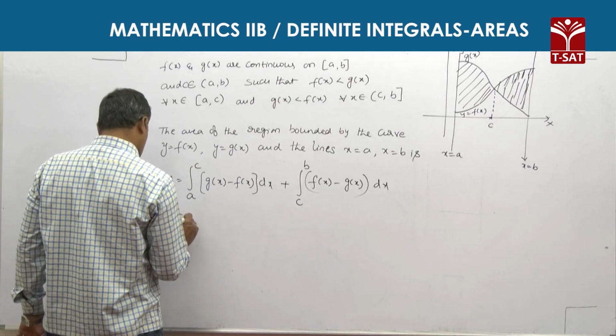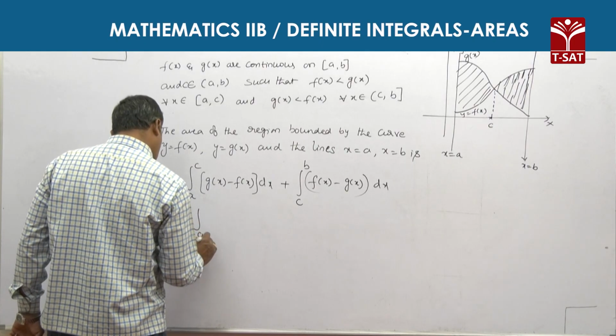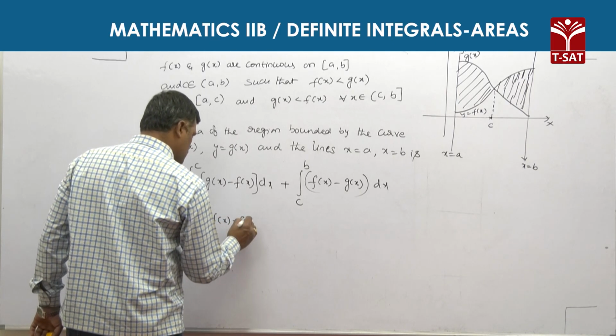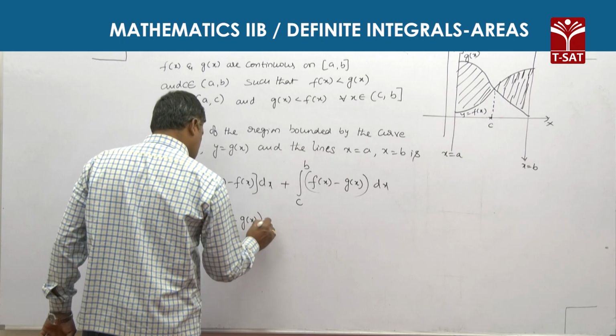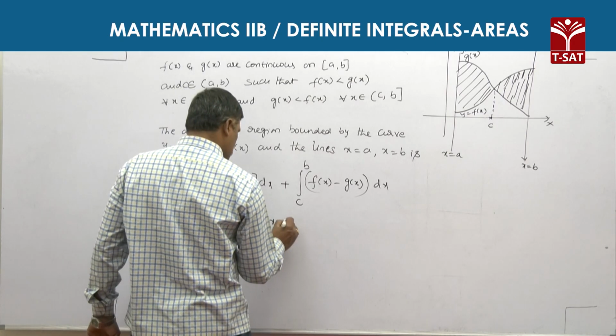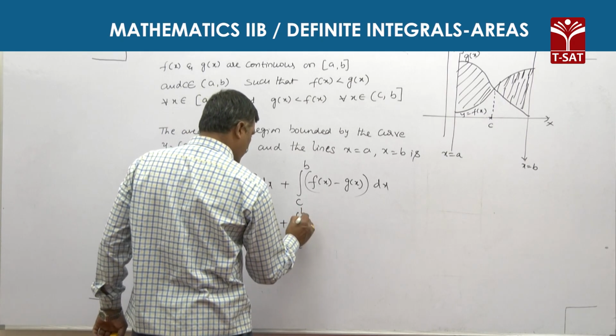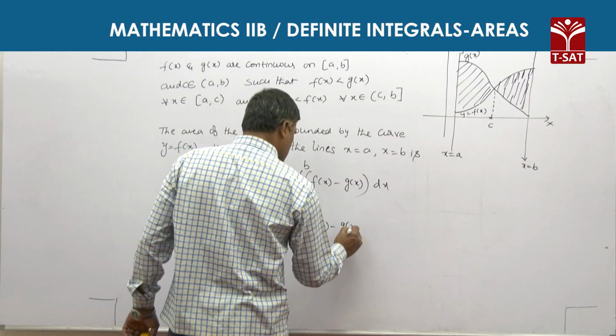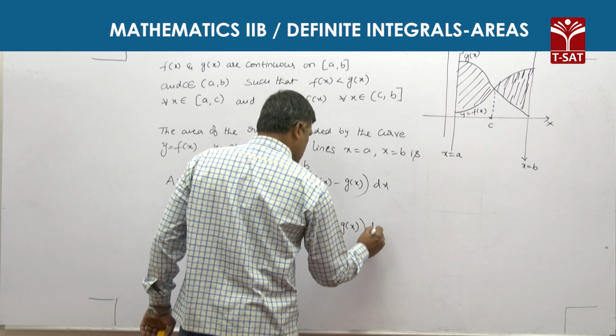Therefore, that is equal to the integral of a to c of modulus of f of x minus g of x dx, plus the integral of c to b of f of x minus g of x dx.